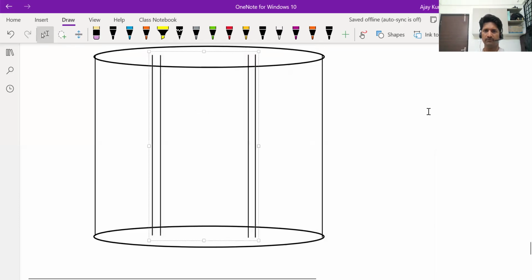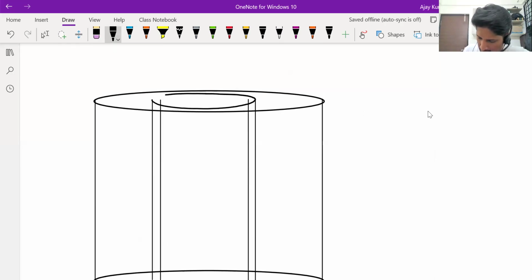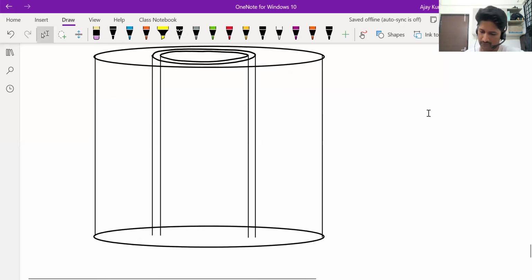So you have to imagine a thick hollow cylinder. This way.